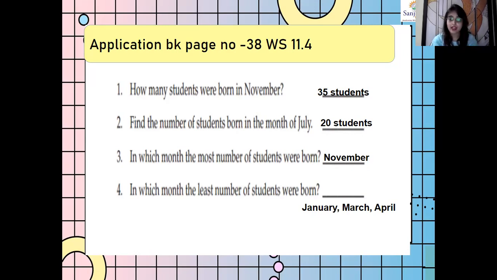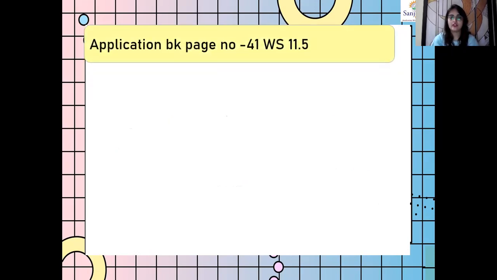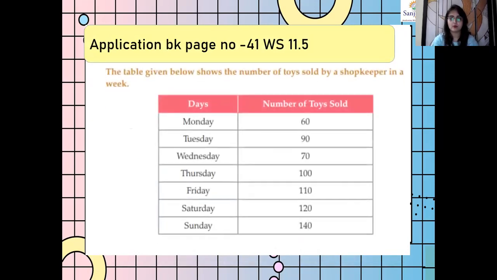We have read the bar graph and answered the questions based on the bar graph. Now, we will be starting our application book page number 41, worksheet 11.5. The table given below shows the number of toys sold by a shopkeeper in a week, from Monday to Sunday.